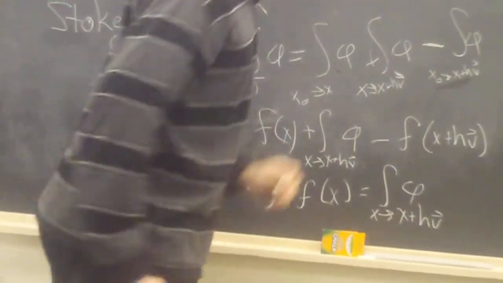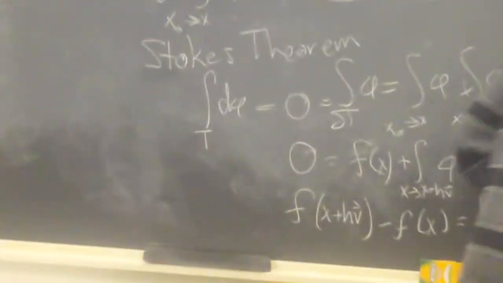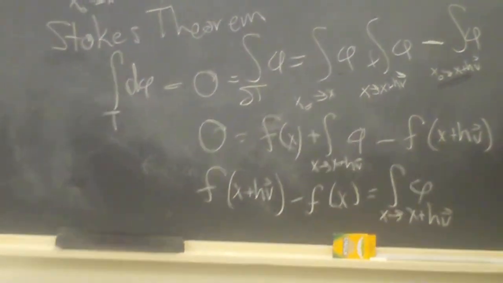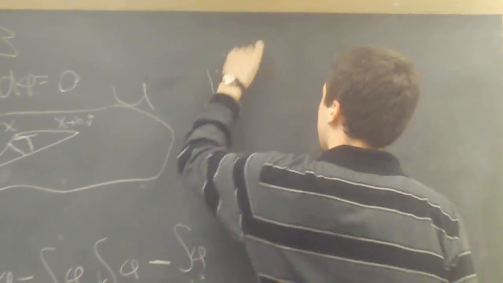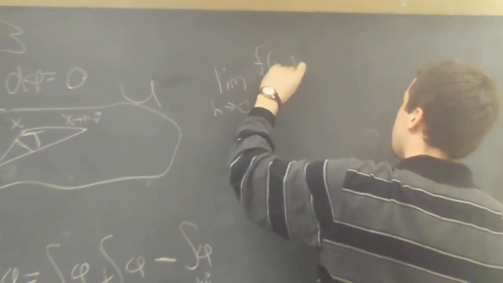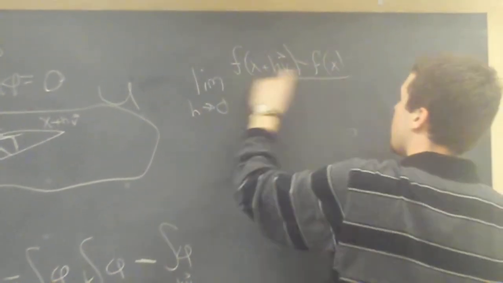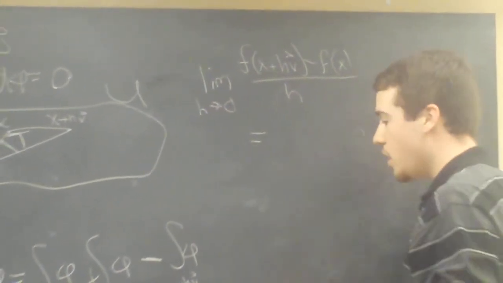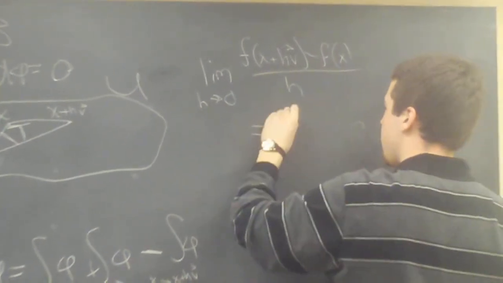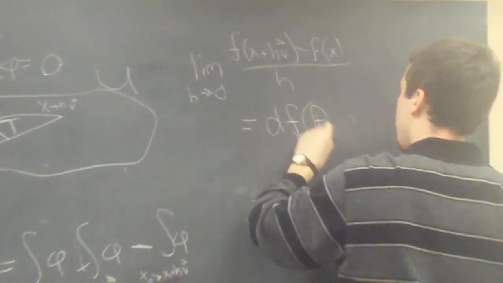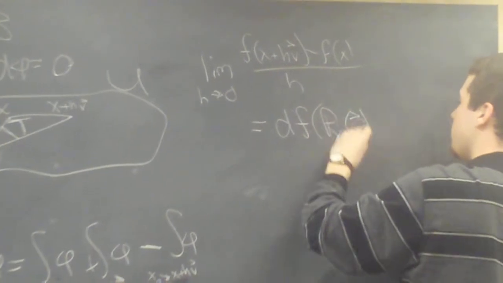Now, if we divide by h and then take the limit as h approaches 0, we're going to get on the left the limit as h approaches 0 of f of x plus hv minus f of x, divided by h. But we know this to be equal to the derivative of f at the point p anchored at x and spanned by v.